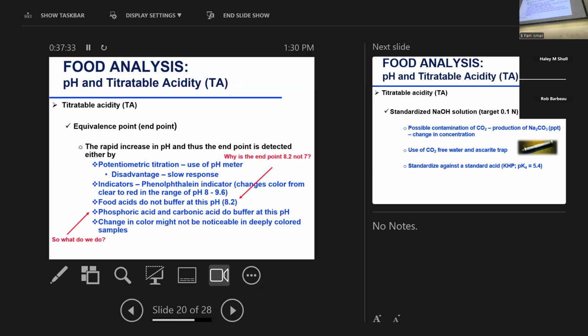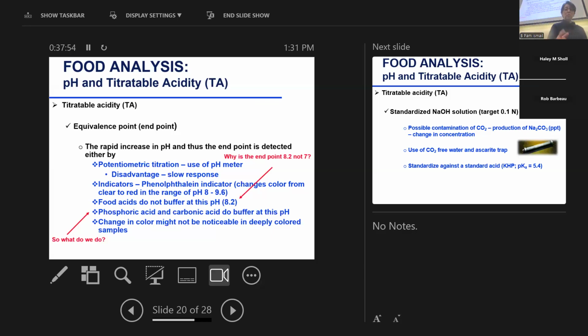You didn't bubble out CO2. With CO2 in the sample, you will have carbonic acid, and every time you get a pink color, it lasts a few seconds and disappears, and you keep titrating. So you overshoot.